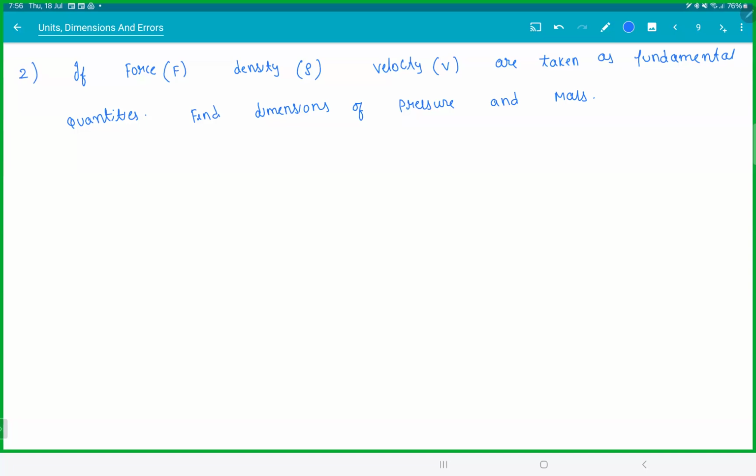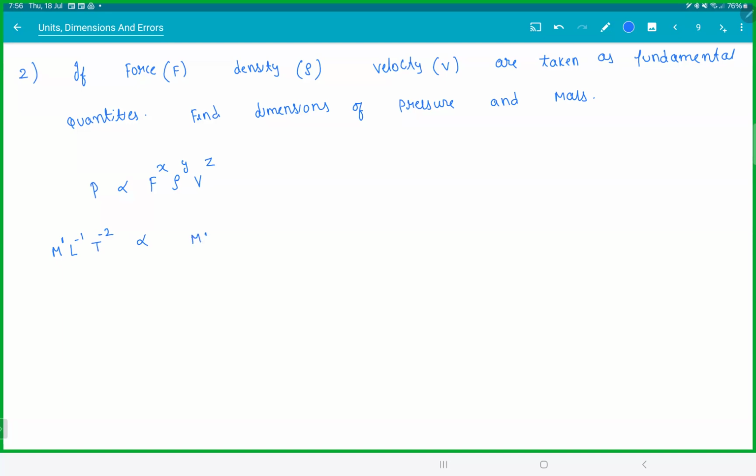So let's see the first one. The pressure is proportional to F power X, density power Y, V power Z. Pressure is force by area, so that would be M power 1, L minus 1, T minus 2.